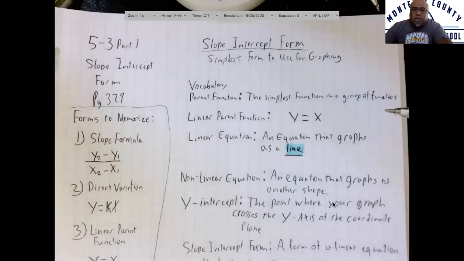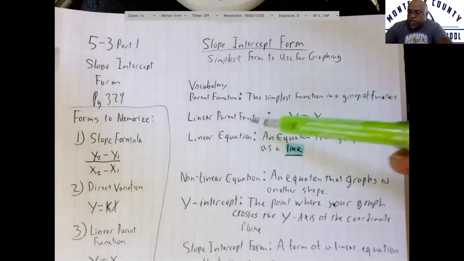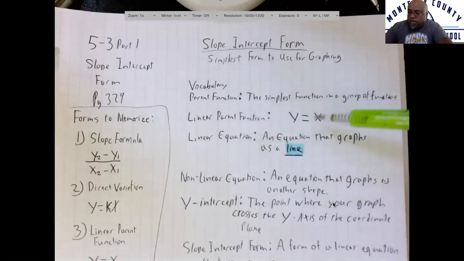Now, honestly, just knowing that is probably about as far as you're going to need to go. Basically, equations can start getting very complicated when you start adding lots of numbers and fractions and things to them. So think of any group of equations, that's the simplest one. The linear parent function is y equals x.